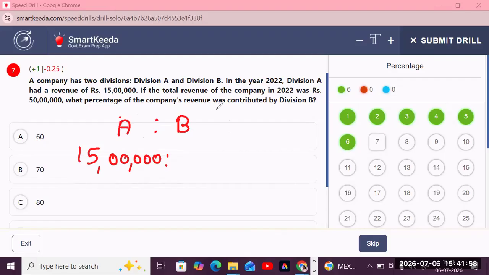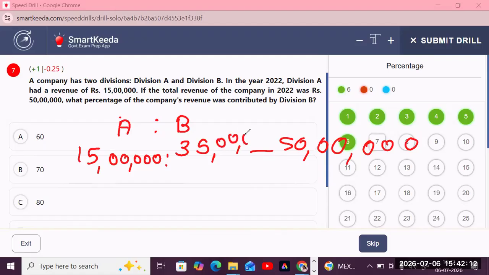If the total revenue of the company in 2020 was 50 lakhs, then the other will be 35 lakhs. What is the percentage of the revenue they contributed?